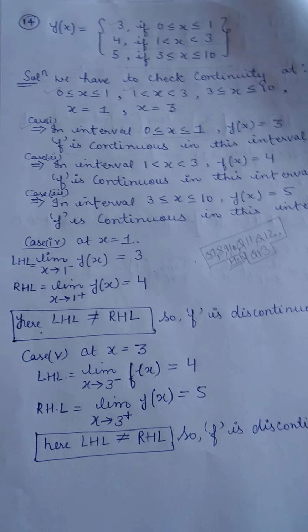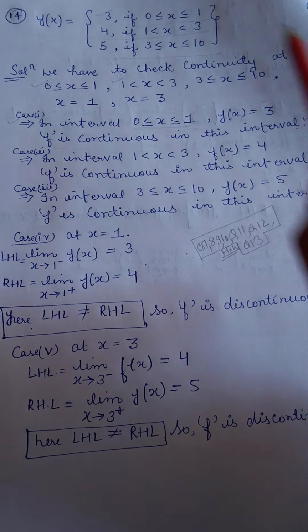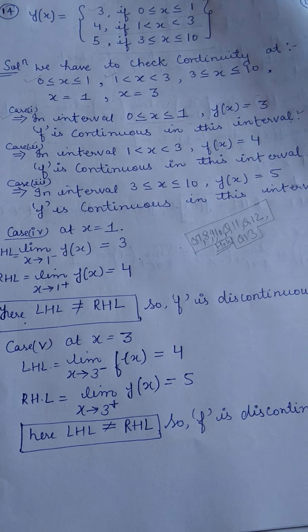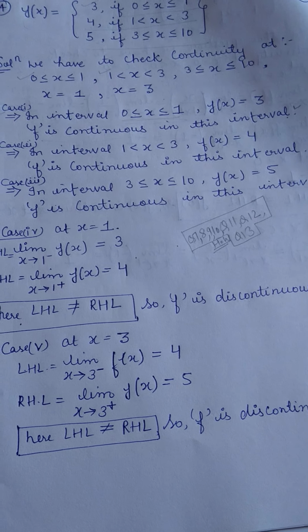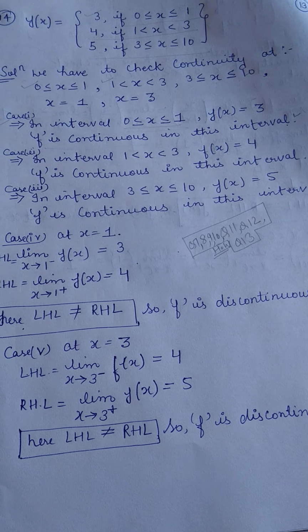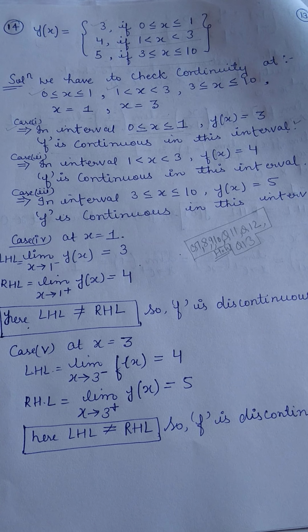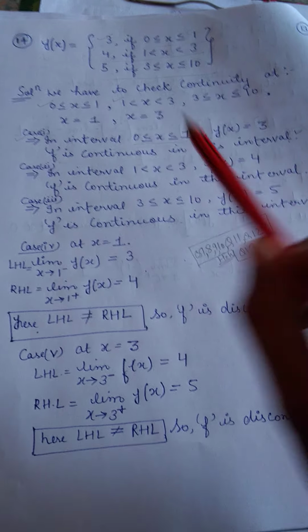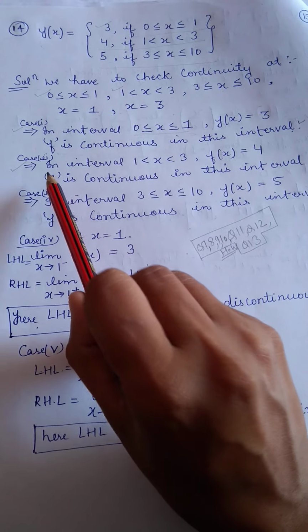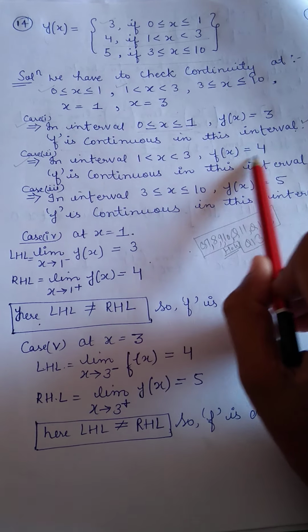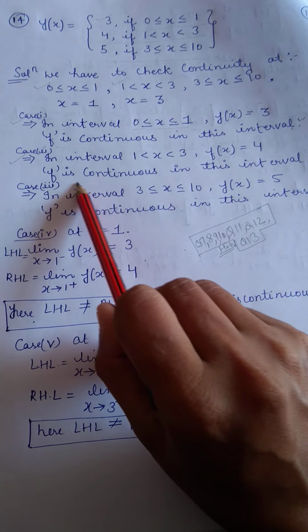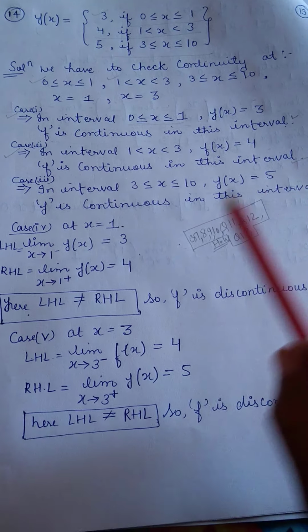बच्चे, any function that is just a constant number will not affect it at large. So we can directly say that these are equal. In a similar way, in this interval f(x) value is 4 and f is continuous in this interval.